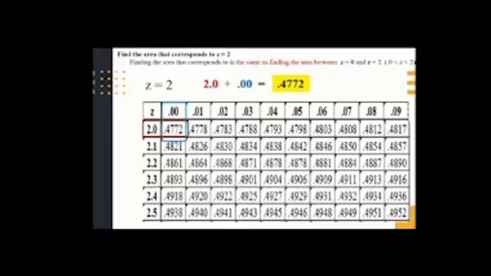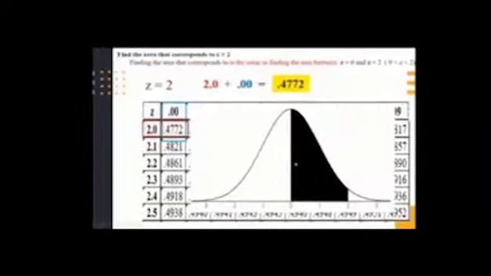Kung ano yung nasa gitna ng graph ay yun na ang lalabas: 0.4772. So nakikita niyo yung may kulay black, yan na yung 0.4772.